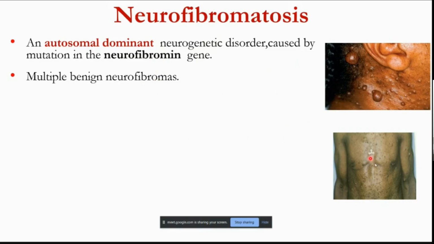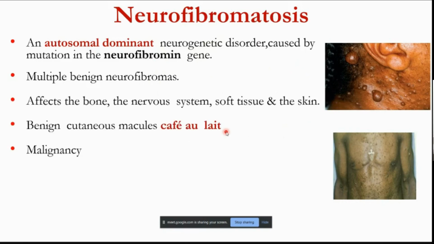So all these multiple benign fibromas are seen in a patient who is suffering from neurofibromatosis, and apart from these multiple neurofibromas, there are other things we see in neurofibromatosis, it's a group of manifestations. So it also affects the bone, the nervous system, soft tissue, and the skin.